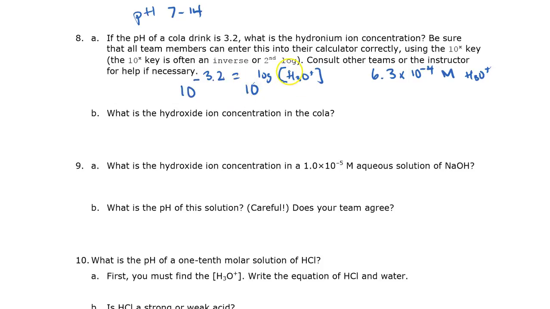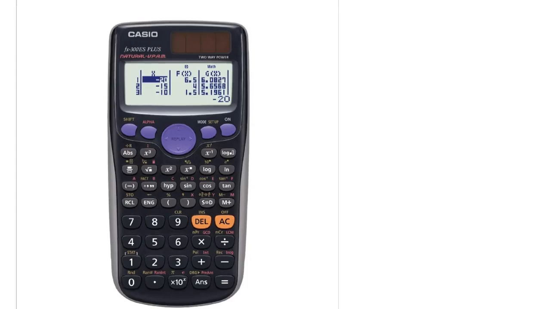10 to the log of something gets rid of the logarithm, and so 10 to the negative 3.2 is the way that you do this. On your Casio, you would put in 3.2, change it to a negative, and you can do that in either order. But you actually have to put the 10 to the x first.